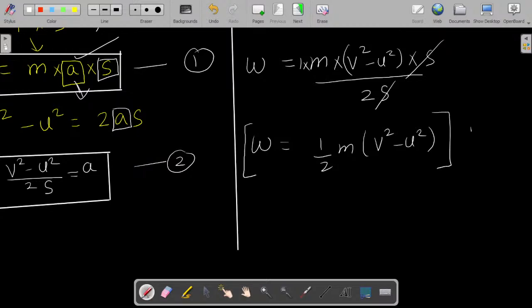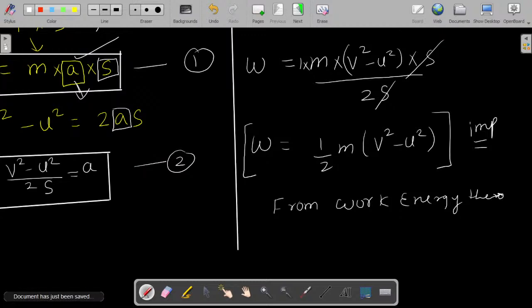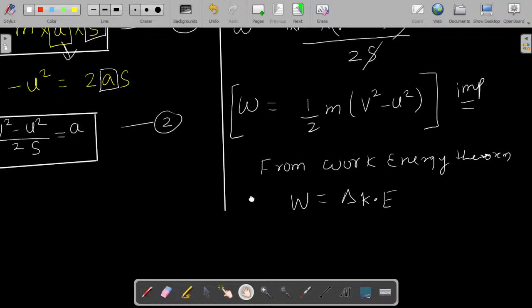This is very important. And this you write down from the work energy theorem. Work is equal to change in kinetic energy.